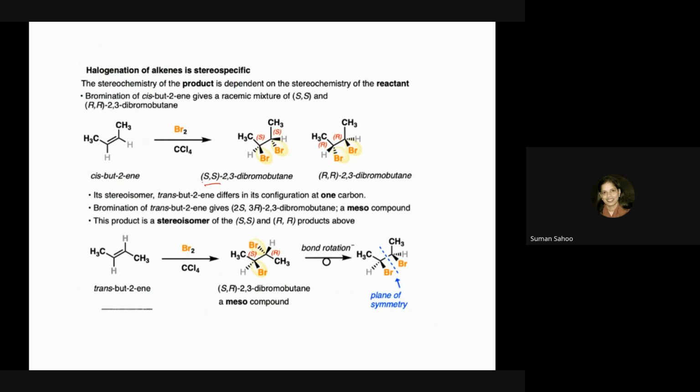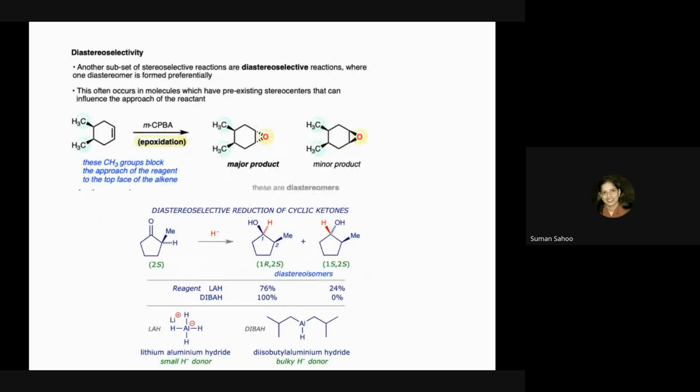It is not going to give any other compound. Cis would give you a mixture of S,S and R,R, but trans is going to give you a meso compound, that is S,R. So this cis would never give this one, or trans would never give this one. That is specific to your reactant, to your starting material. So that reaction is known as stereospecific.